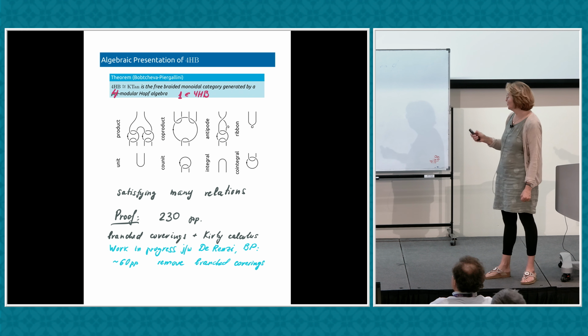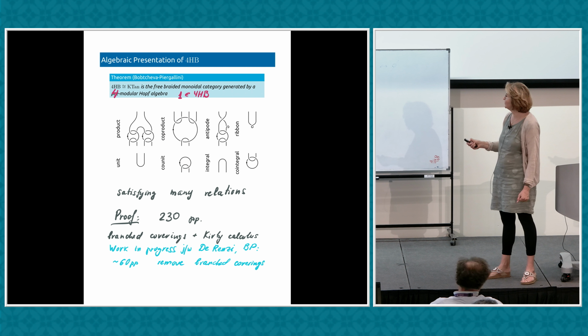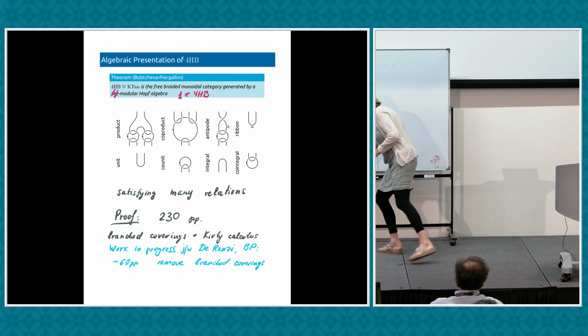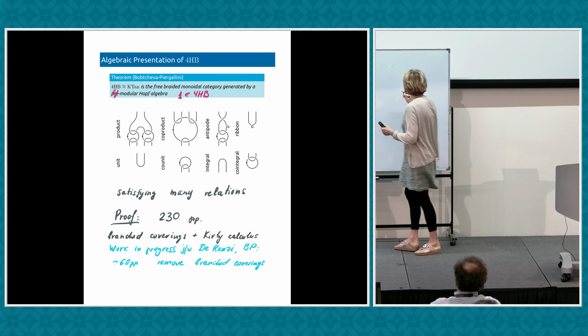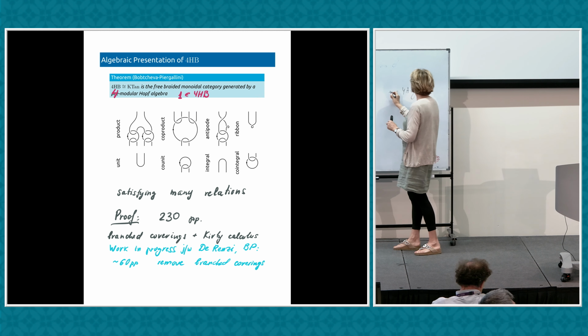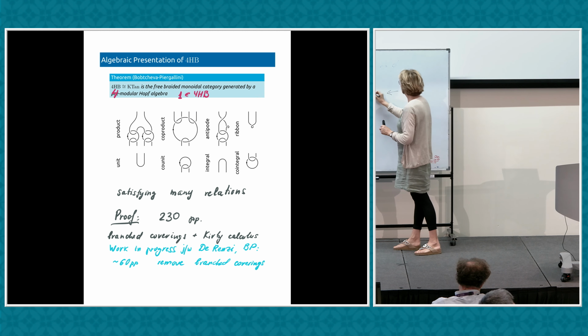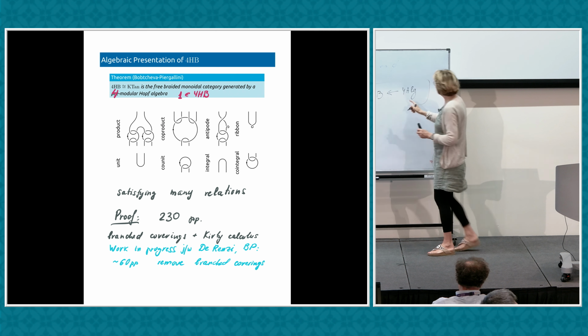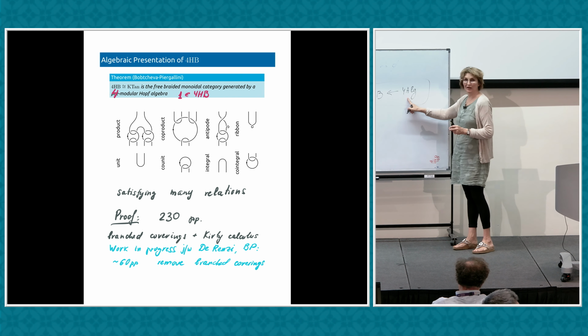So here I'm just explaining that we are trying to write the proof of this theorem in a more straightforward way. What is easy to do is to go from the algebra side.